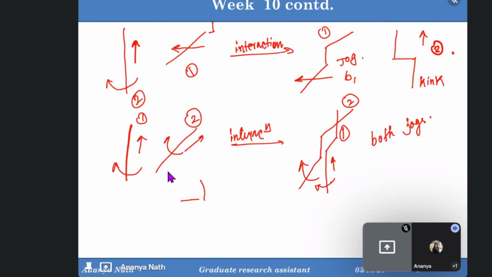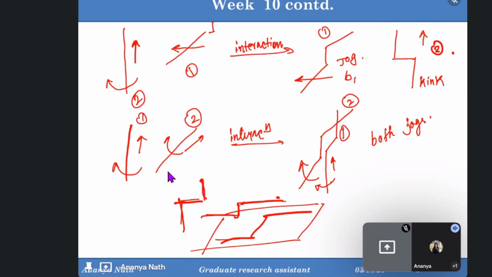If there is a step like this, that means there is a step in the planes, right? But if there is a step like this, there is no step in the plane. If there is a step like this, in the same plane it's having a step, so that will be a kink type.